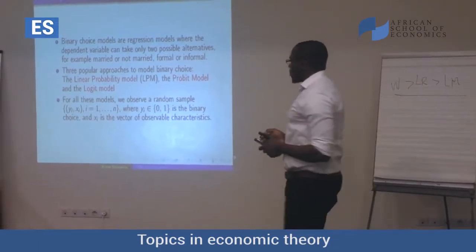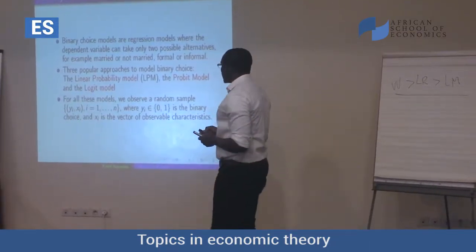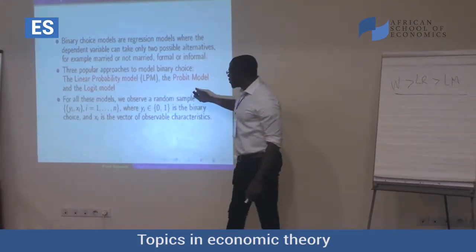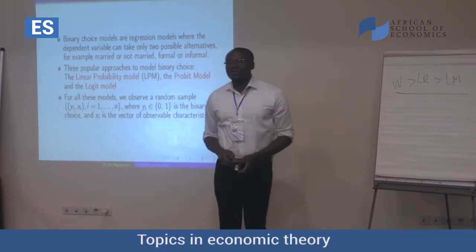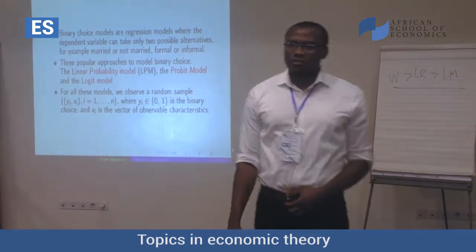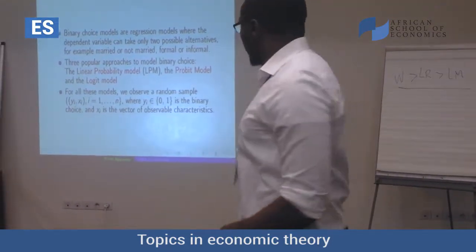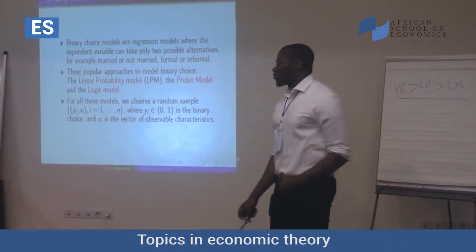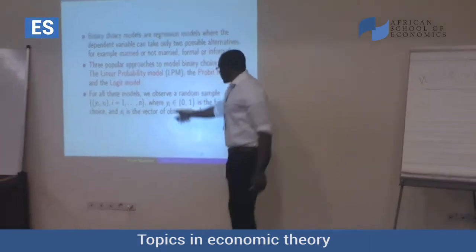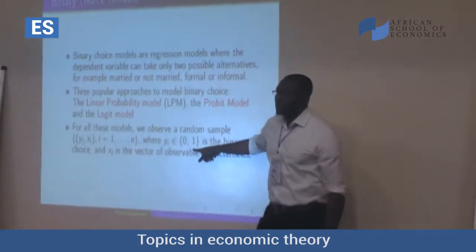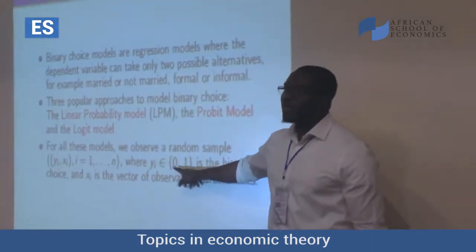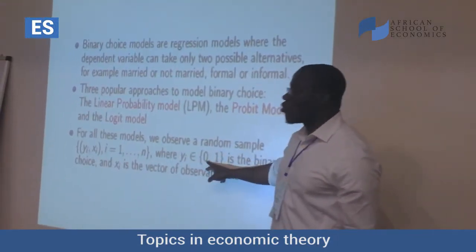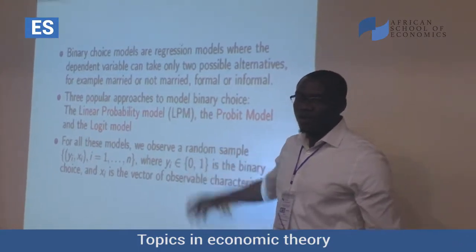And so there are 3 popular approaches for that. You have the linear probability model, you have the probit model, and you have the logit model. Those are the 3 most popular approaches to deal with binary dependent variables. Now, for all these models, we are going to assume that you observe the choice of each individual. So it could be either 0 or 1. For each individual, we know whether the person owns a home or not, or owns a car or not.